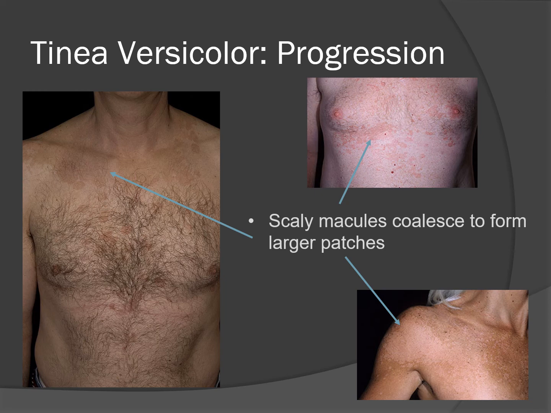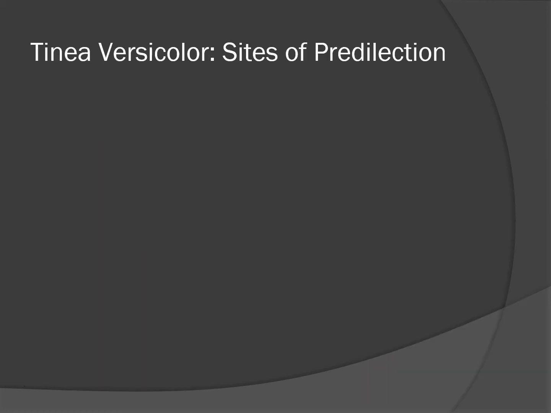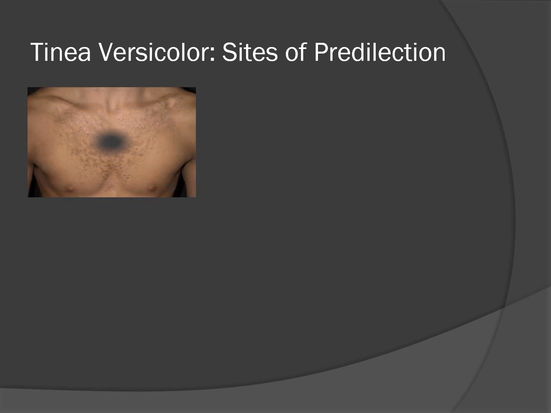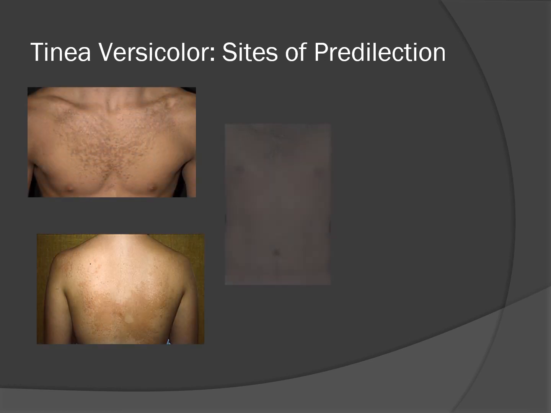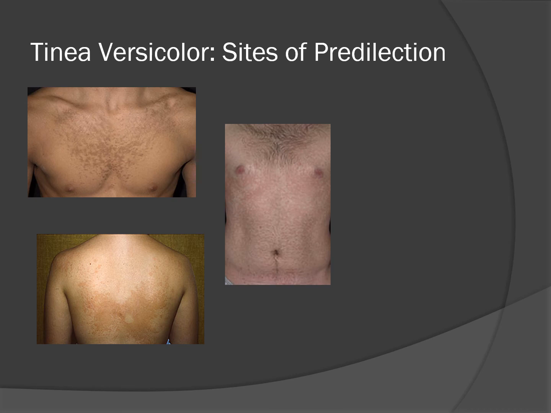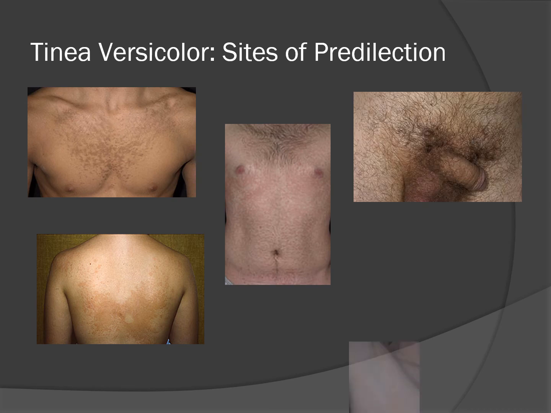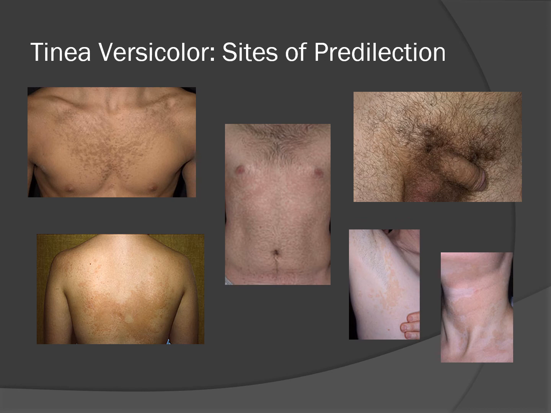These grow and heap up and coalesce to form larger patches on the skin, as you can see here. Tinea versicolor lesions tend to be seen in areas of the skin that perspire a lot, such as the sternum, the back, the abdomen, the groin, the axilla, and the neck.